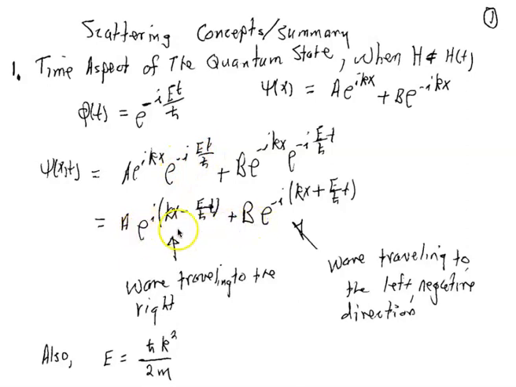So you see, this looks like what all of us should have seen as a traveling wave. This is the position part of the wave aspect, the time, energy over h bar t here. This term represents a wave traveling to the right, that has the negative sign there. This term represents a wave traveling to the left, that has the negative sign there.